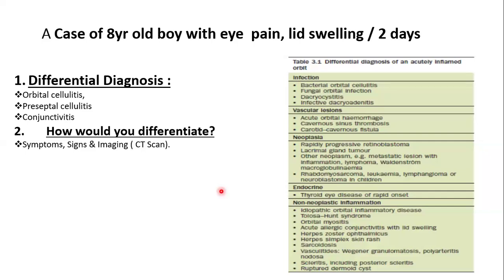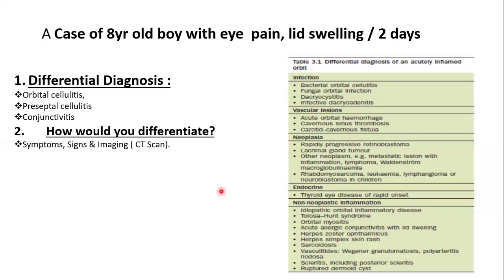Yes, definitely. So as you mentioned, preseptal cellulitis in the imaging, firstly, usually the inflammation and the infection will not cross the orbital septum. But in orbital cellulitis, you will have the inflammation and the infection involving the orbital contents and the orbit.